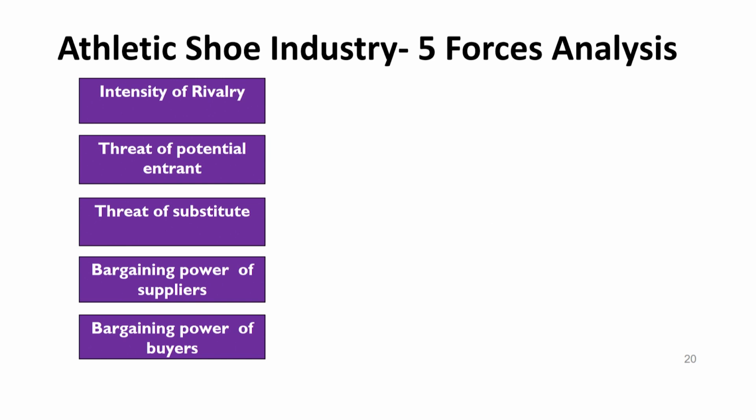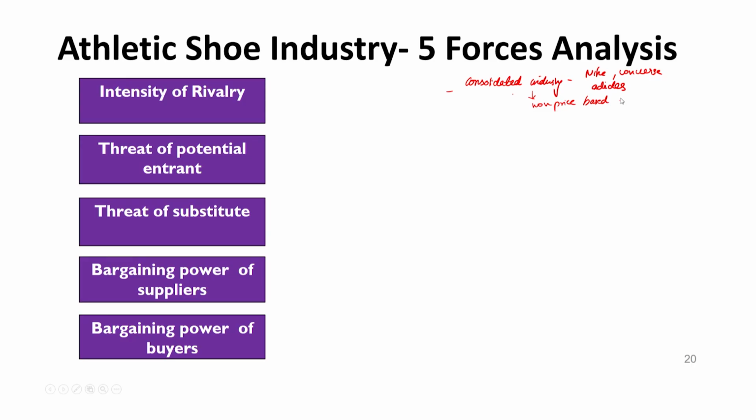Now, let's take an example of the athletic shoe industry, looking at the 5 forces model here. If we talk about intensity of rivalry, what do you think? What type of industry is it? It is a consolidated industry where we have players like Nike, Converse, Adidas, and so on. So, here non-price based competition is there, majorly based on the industry structure.